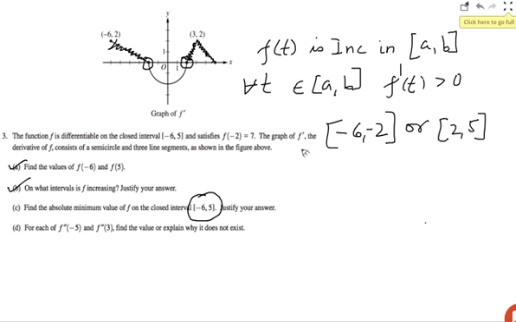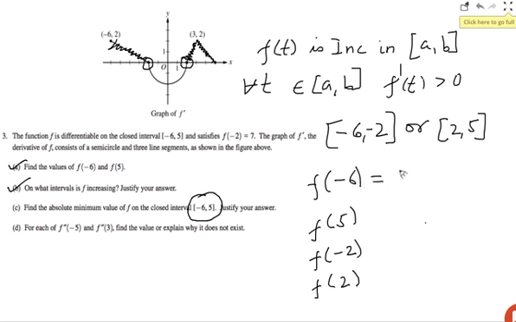So when you're finding the minimum value of the function in an interval, we need to check the values of the function at the corner points, which are minus 6 and 5, and we need to find the value of the function at the points where the derivative becomes 0, which are minus 2 and 2 as well. Please note that the function can have an absolute minimum even at the corner points.